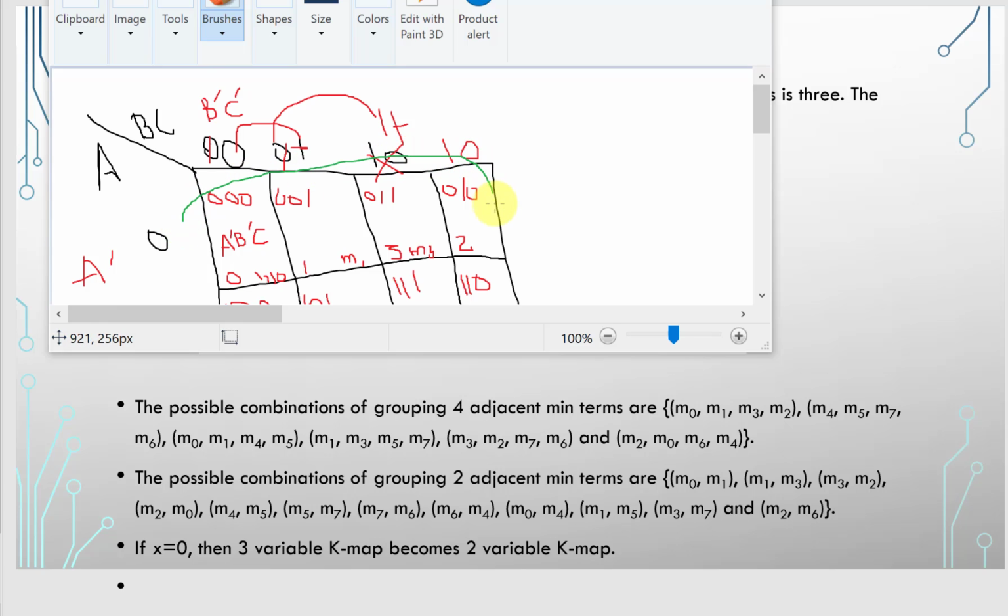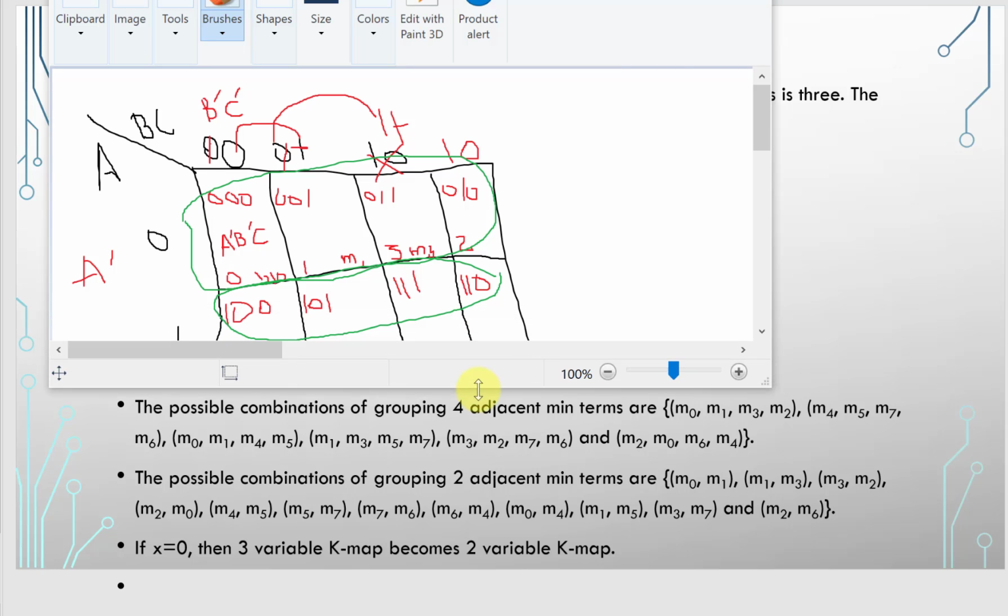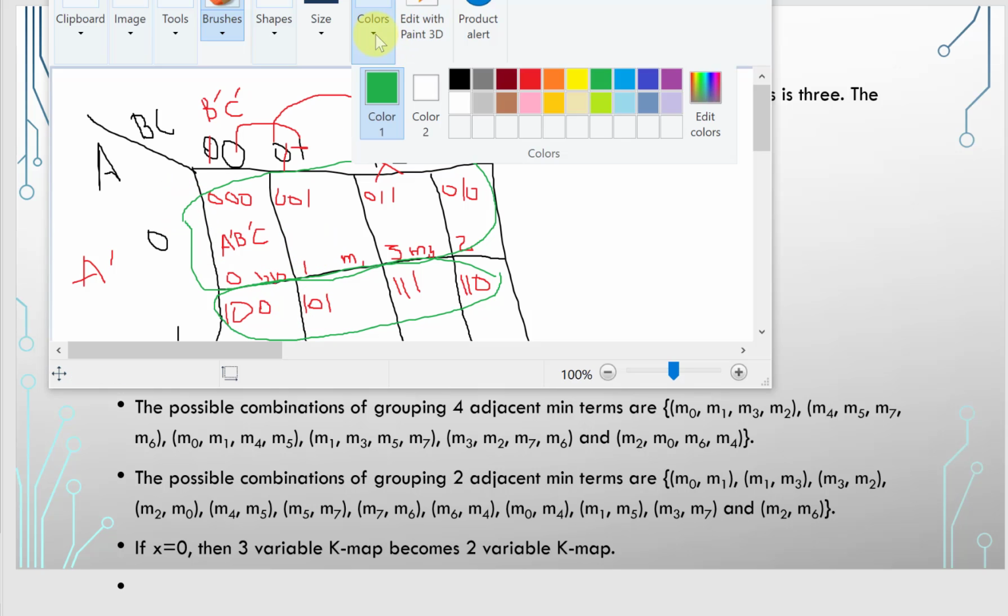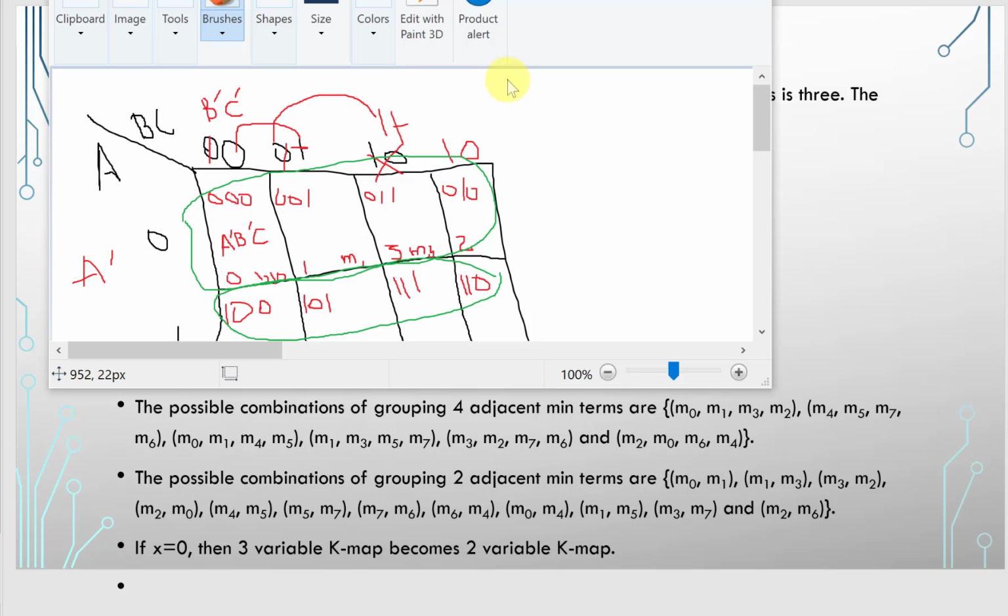The whole row we have taken, right? And the other one also, M4, M5, M7, M6. Then M0, M1, M4, M5, right? Wait, what is this? M0, M1, M4, M5. This one we have taken.